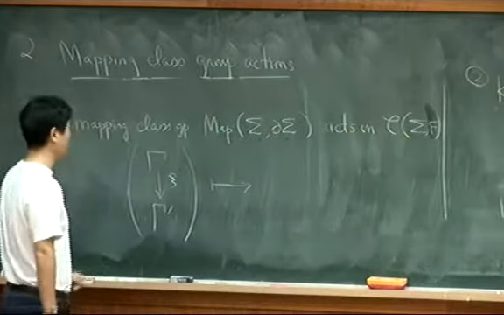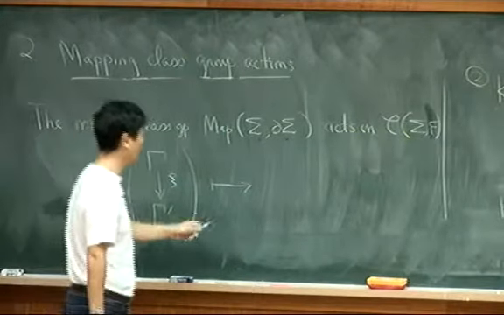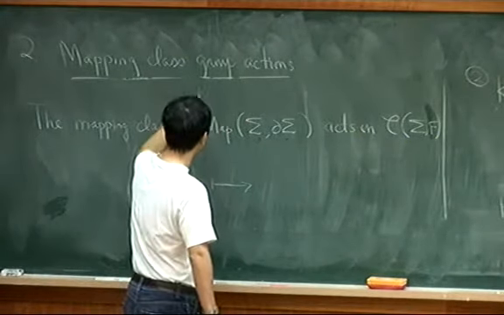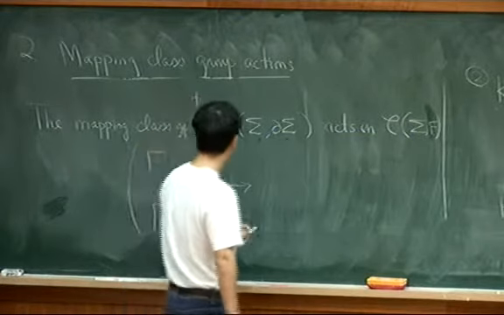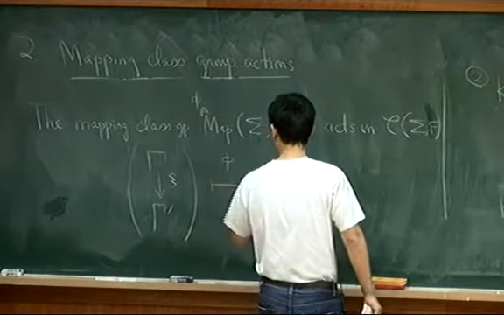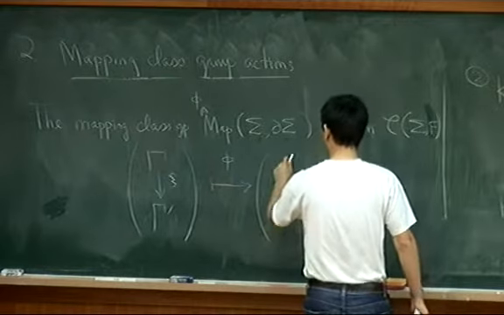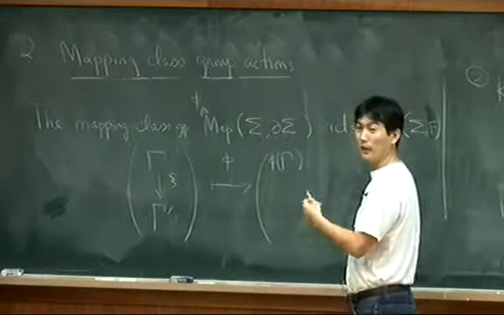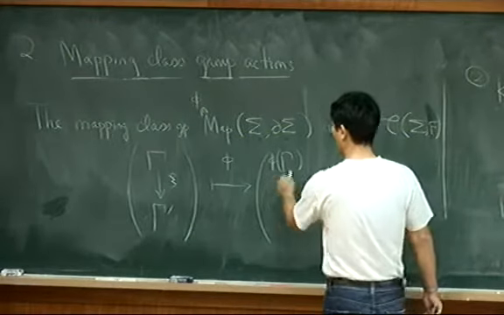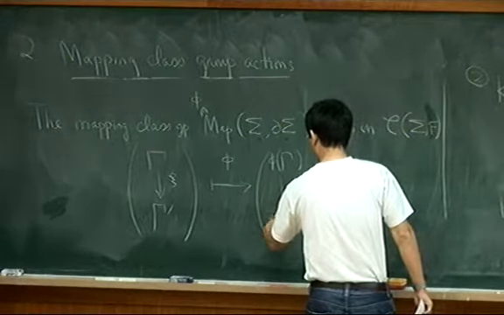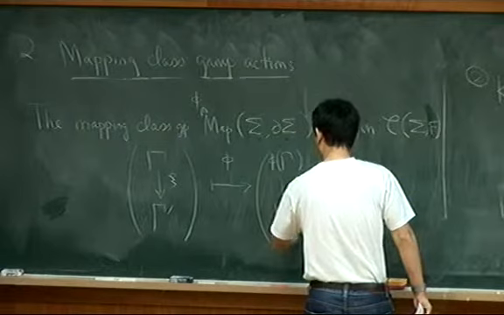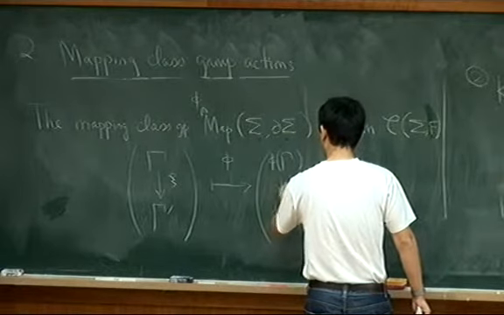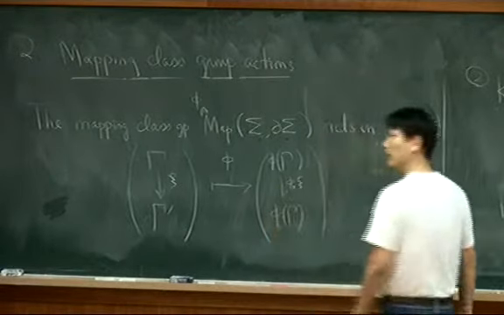There's some sort of functor that should take this package, and it's sort of clear, right? If you take phi in the mapping class group, it induces a map. So basically everything in sight is acted on by phi. The dividing curve gets acted on, and then the contact structure gets acted on by phi.